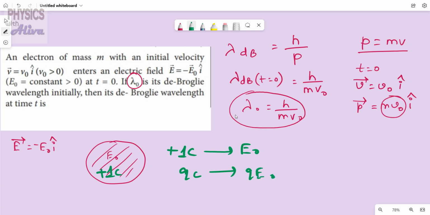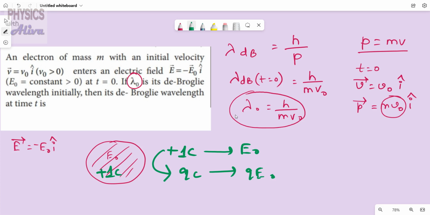From the unitary method, what is the definition of the electric field? The electric field is the force experienced by a unit positive charge. That means if we say that the electric field of the region is E naught, then plus 1 coulomb charge is experiencing the force E naught. So from here we can also calculate the force experienced by other charges.